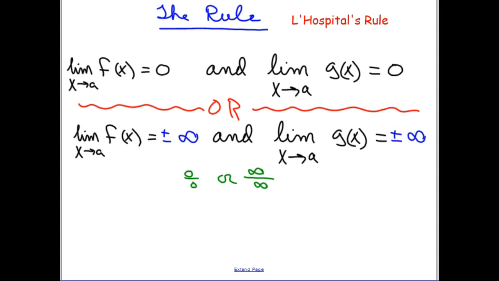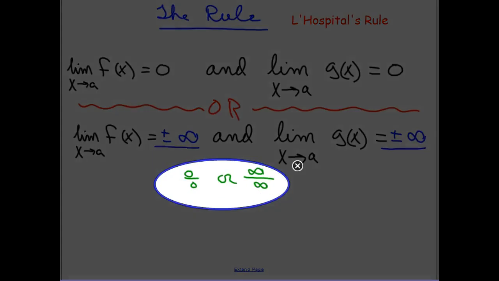So what this is saying is that if the numerator as x approaches a has limit 0, and the denominator as x approaches a is 0, and that was that indeterminate type of 0 over 0, or if the numerator is approaching positive or negative infinity and the denominator is approaching positive or negative infinity, in other words, if it ends up looking like that, then you can apply L'Hopital's rule.